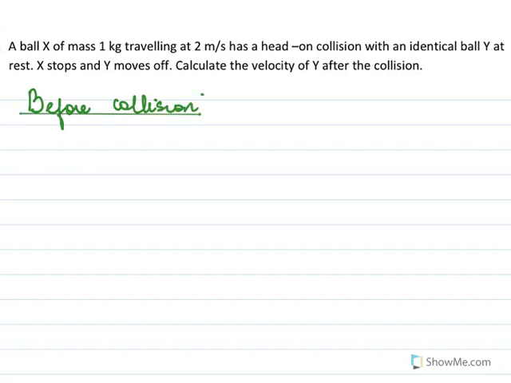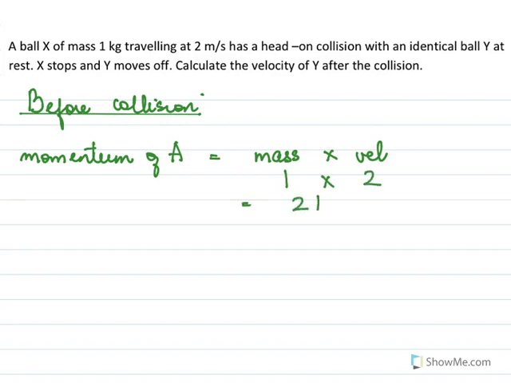So before collision, we need to find the momentum of A. To find the momentum of A, it will be the mass of A into velocity before collision. The mass of A is 1 kg and the velocity is 2 meter per second. So 1 into 2, which is 2 kg meter per second.